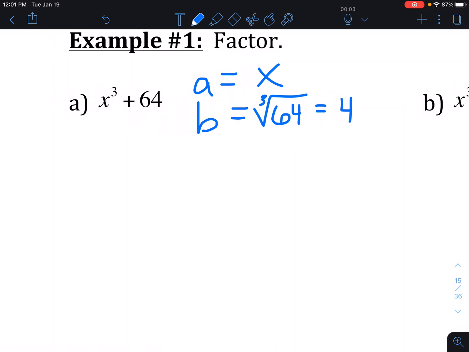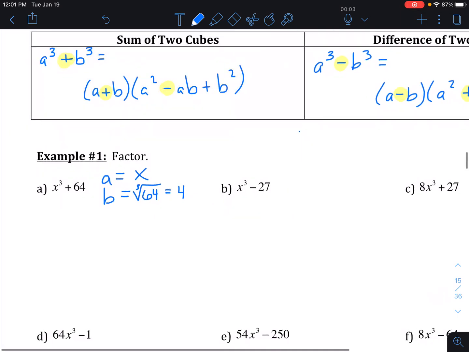So we're going to start plugging into the formula now. I start right here and follow along as I go through. It says A plus B, close parentheses, open parentheses, followed by A squared, and then a minus.